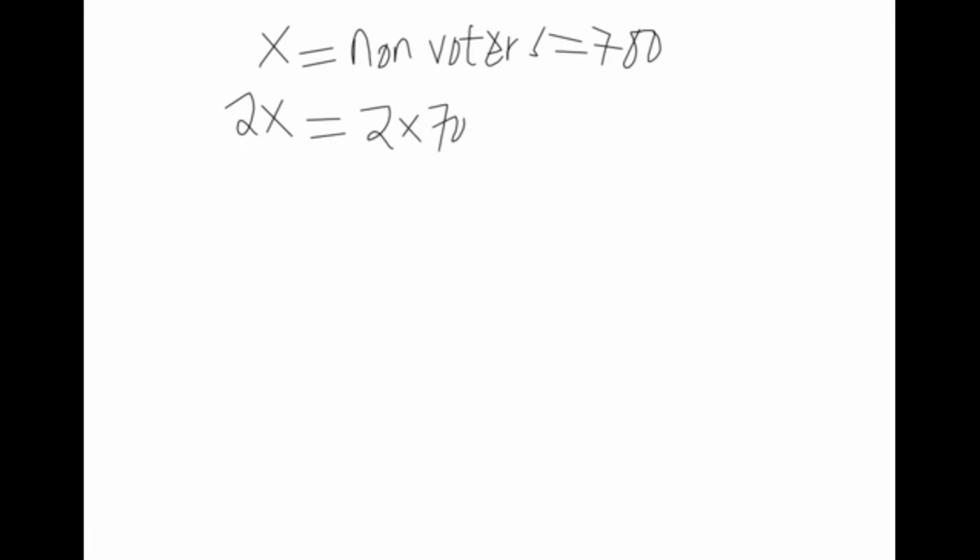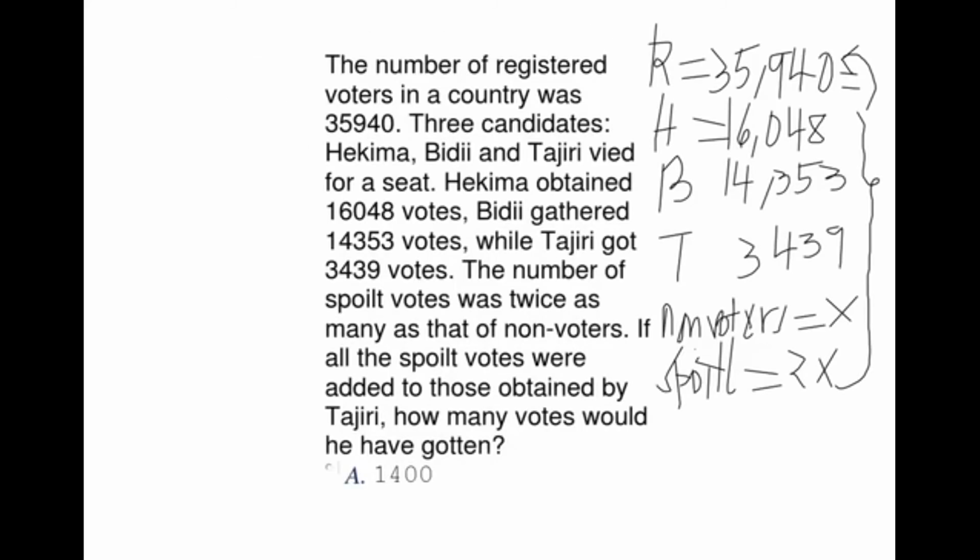X was non-voters, which is equal to 700. Then 2x will be 2 times 700, which is 1,400.